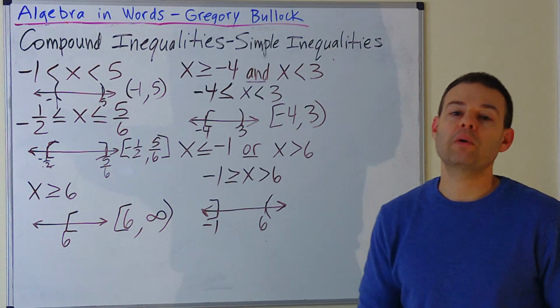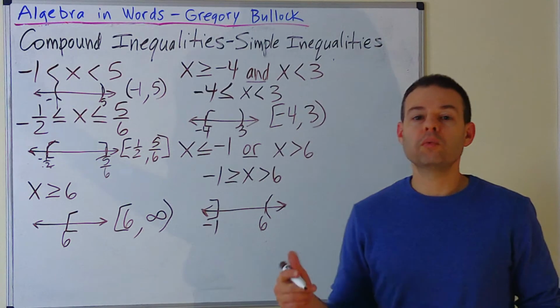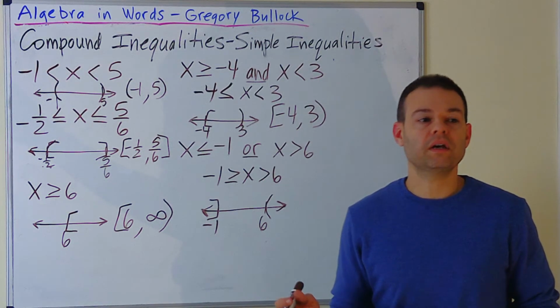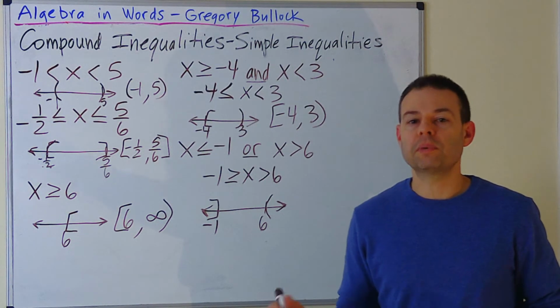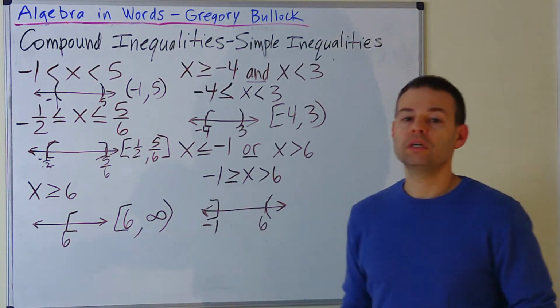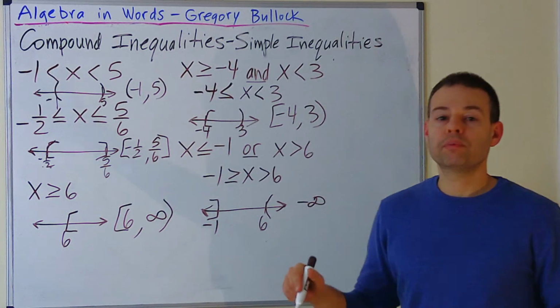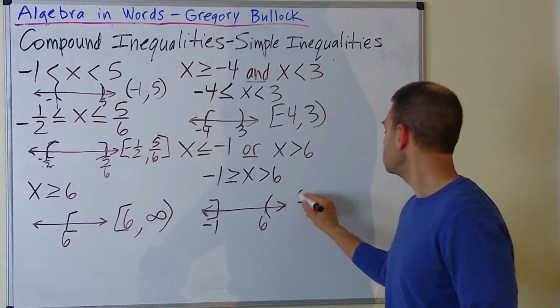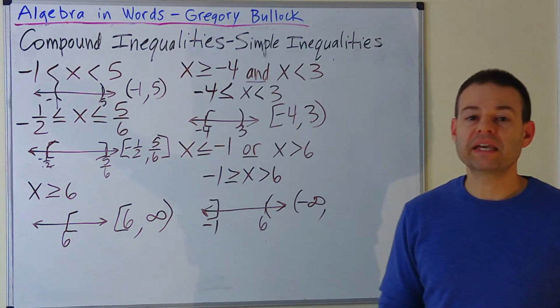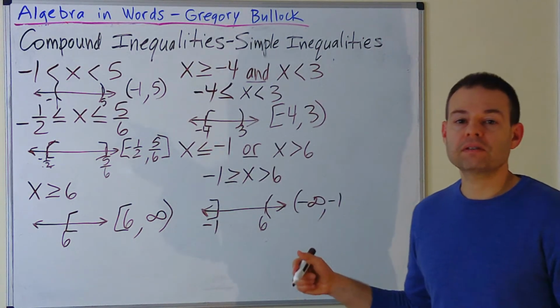So anyway, now we get to how to write it in interval notation. The way we're going to do this is sort of showing it in two pieces but combined. So first we're going to show this portion, which is going to be -infinity with a parenthesis to the left of it, comma, -1 with the closed bracket facing to the left.